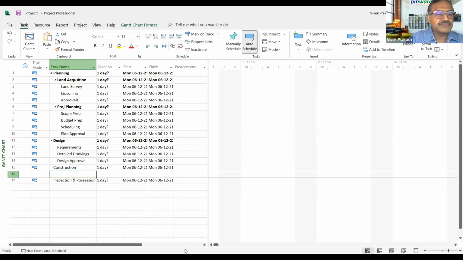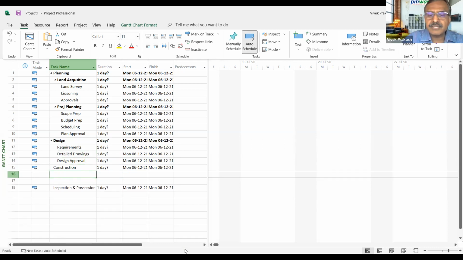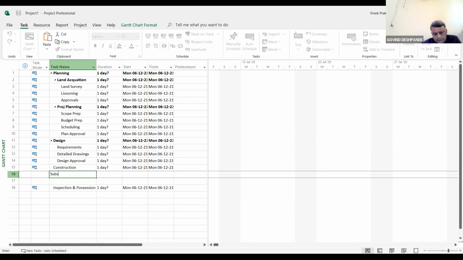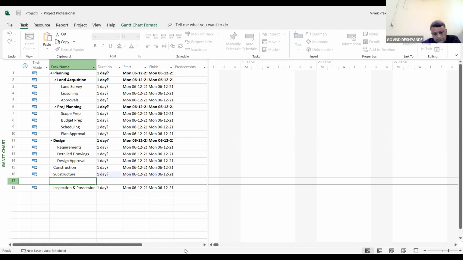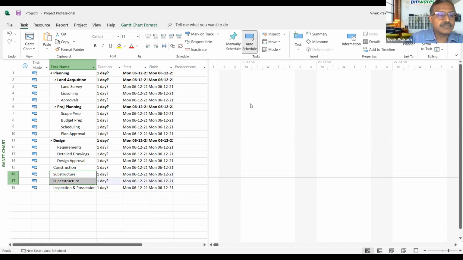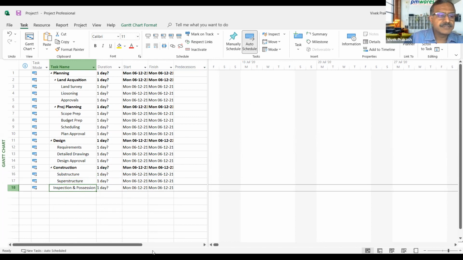In the construction, we can say, I think, superstructure and substructure kind of thing. Substructure and superstructure. Excavation. So these are two parts of the construction. I can put this inside.